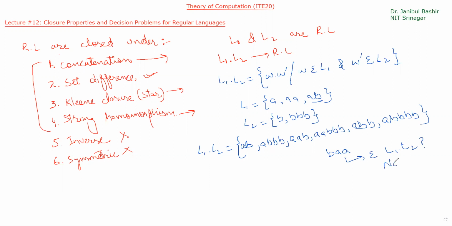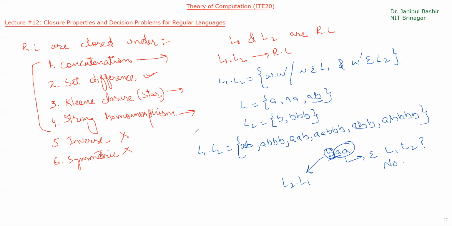No. It does not belong to L1 dot L2 because the first part should be from L1 and the second part should belong to L2. But here, if we take B, this B belongs to L2 and AA belongs to L1. So this string belongs to the other language. It does not belong to L1 dot L2.